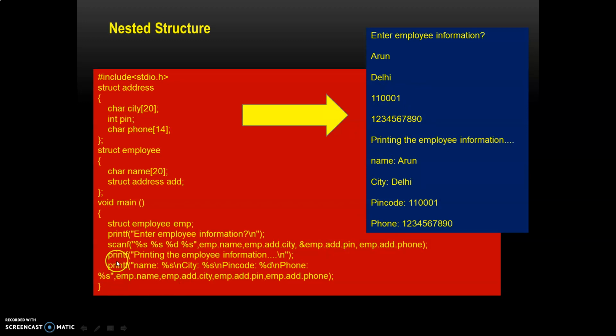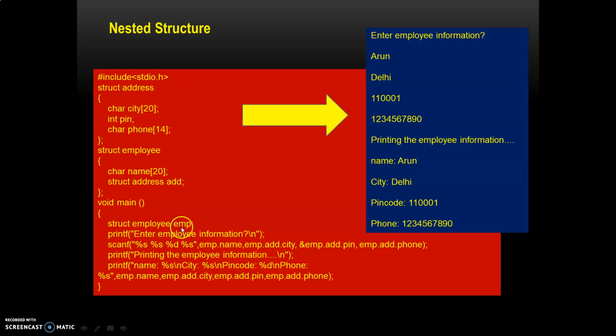Now in the next line you have said print the employee information, so I am printing the employee information here. How will it be printed? It will be printed in the way that you have taken. First is the name, second one is the city, third one is the pin code, fourth one is the phone, and I am printing with the same structure variable name. That means employee.name, employee.add.city, employee.add.pin, and employee.add.phone.